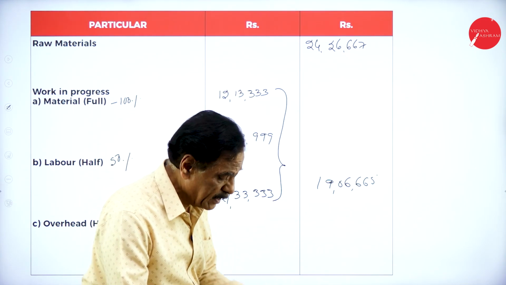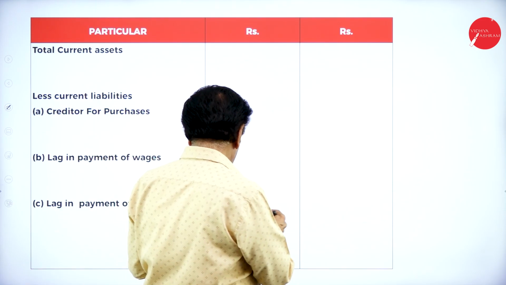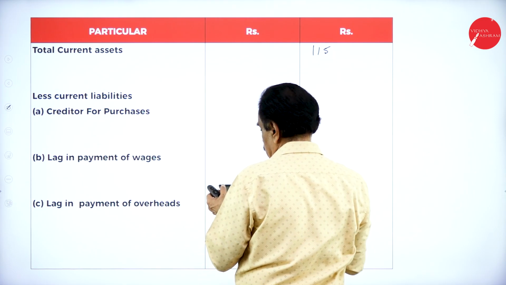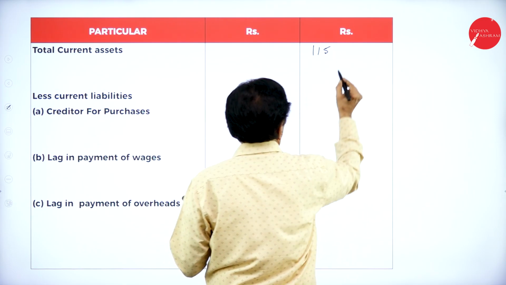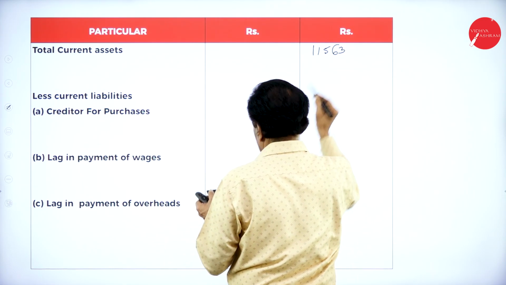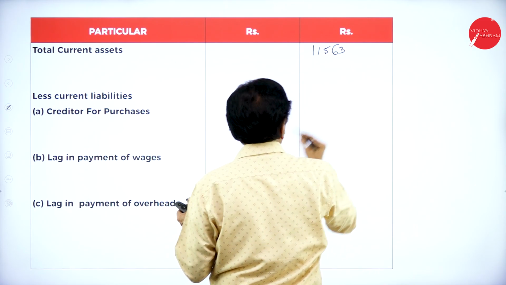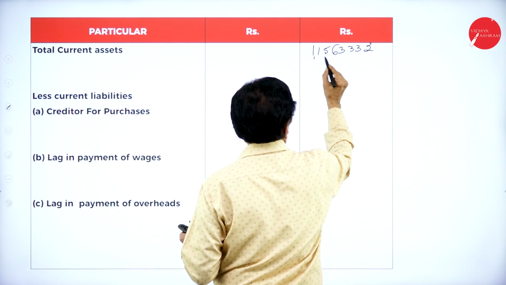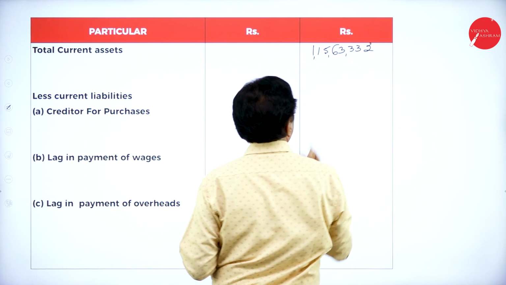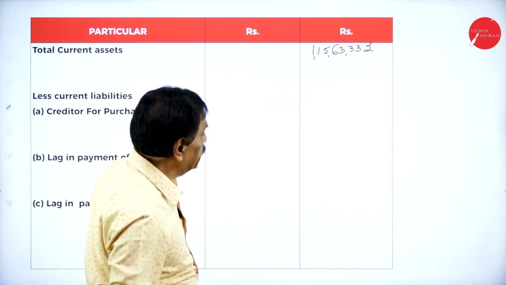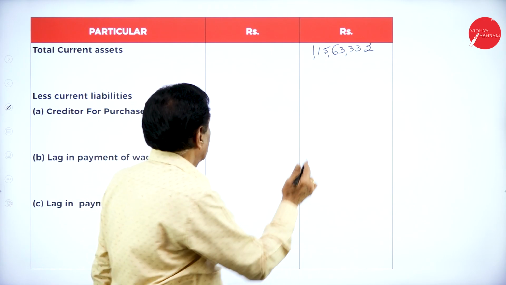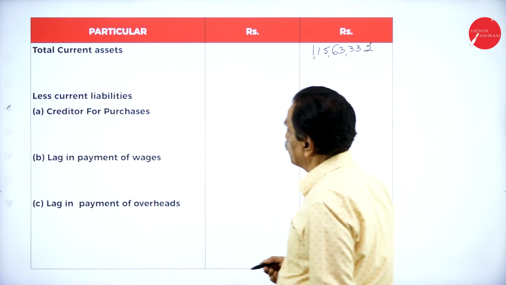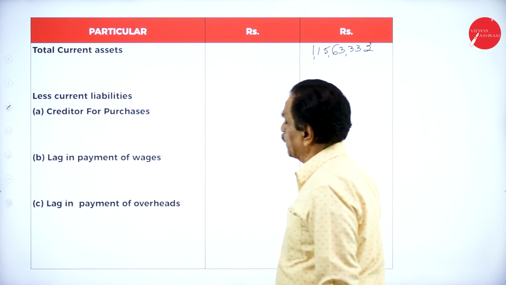So total current assets will come 1 crore 15 lakh 63,332. Come back to creditor for purchases.